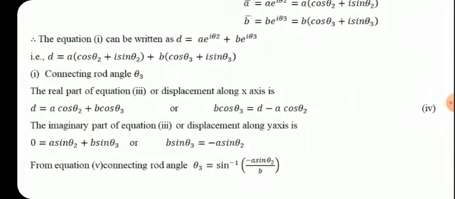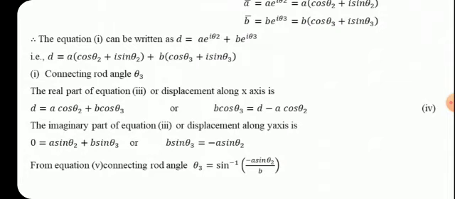Connecting rod angle theta 3: the real part of equation 3, displacement along x-axis, is given by D is equal to A cos theta 2 plus B cos theta 3, or B cos theta 3 is equal to D minus A cos theta 2. Equation number 4.